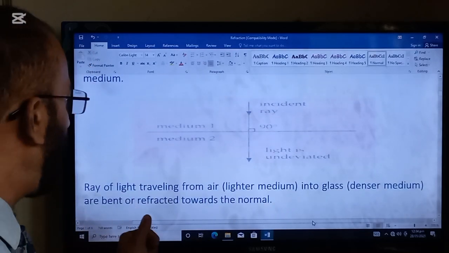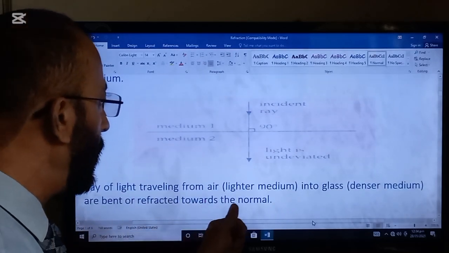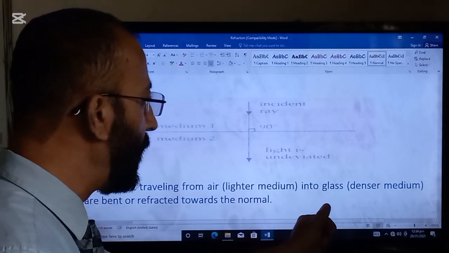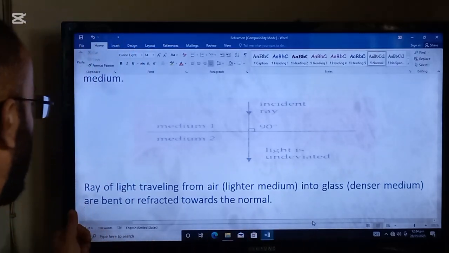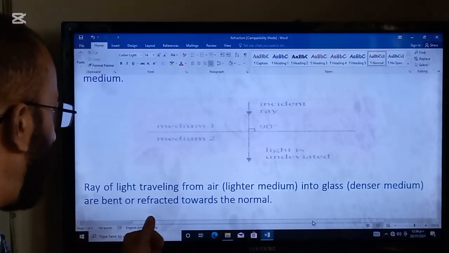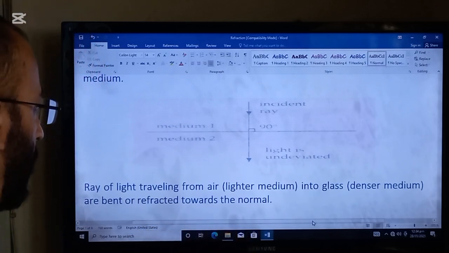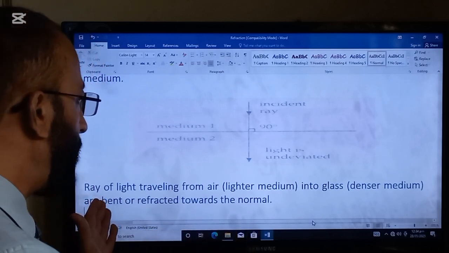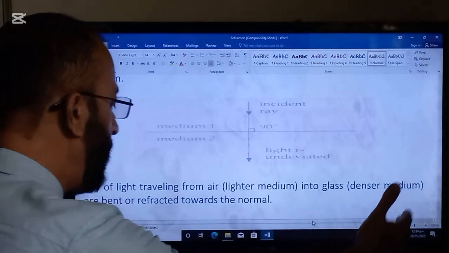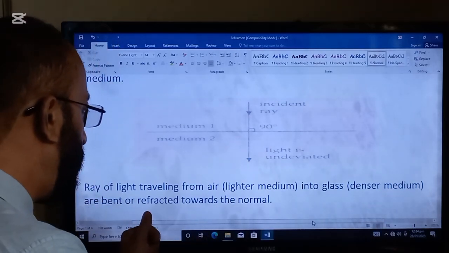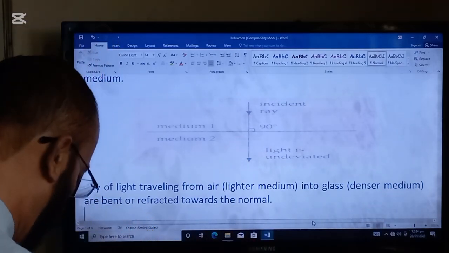Rays of light traveling from air, a lighter medium, into the glass, a denser medium, are bent or refracted towards the normal. So this is a very important point. When the light is passing from lighter to denser medium, it will be refracted towards the normal.